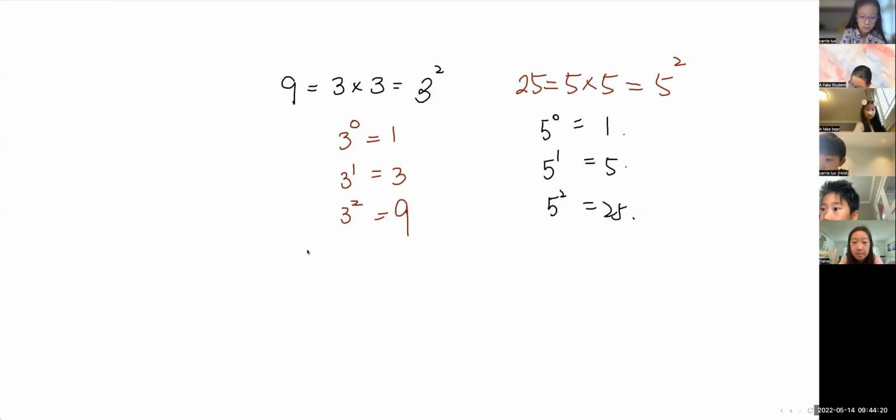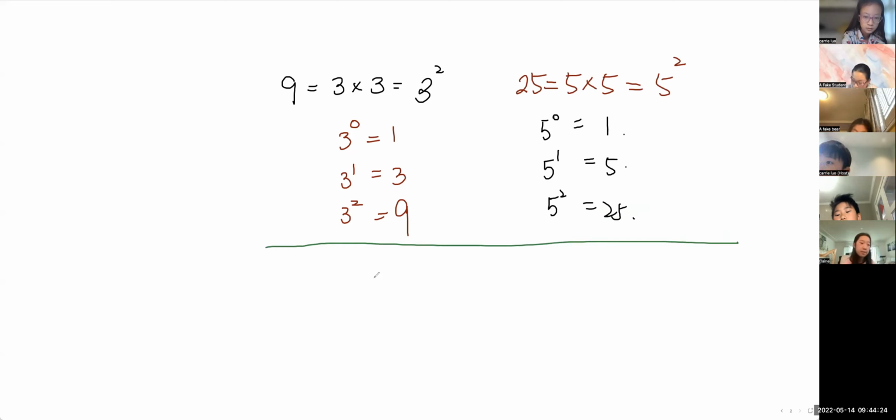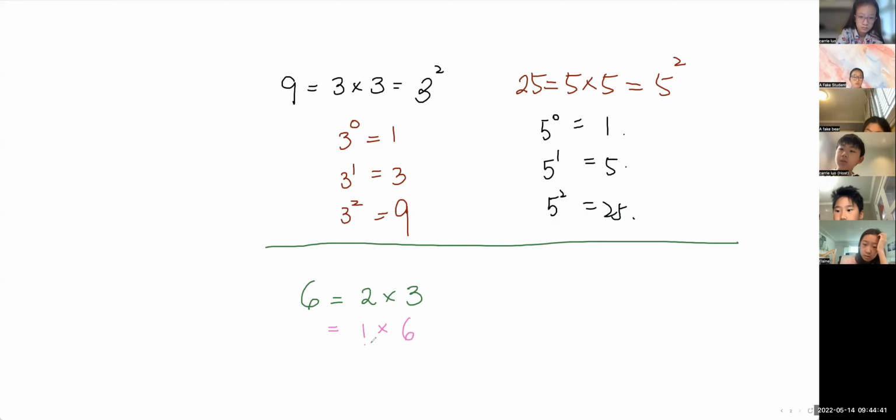We just started, okay? But it's impossible that all the numbers in this world come with only one base number, right? For instance, 6 is a number equals 2 times 3. I'm just going to quickly explain why 6 is not equal to 1 times 6, because 1 and 6 are not prime numbers. Understand?